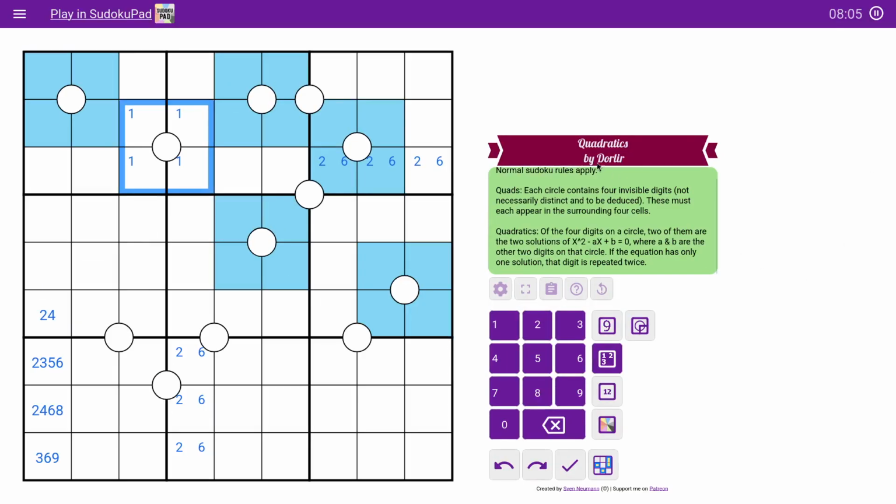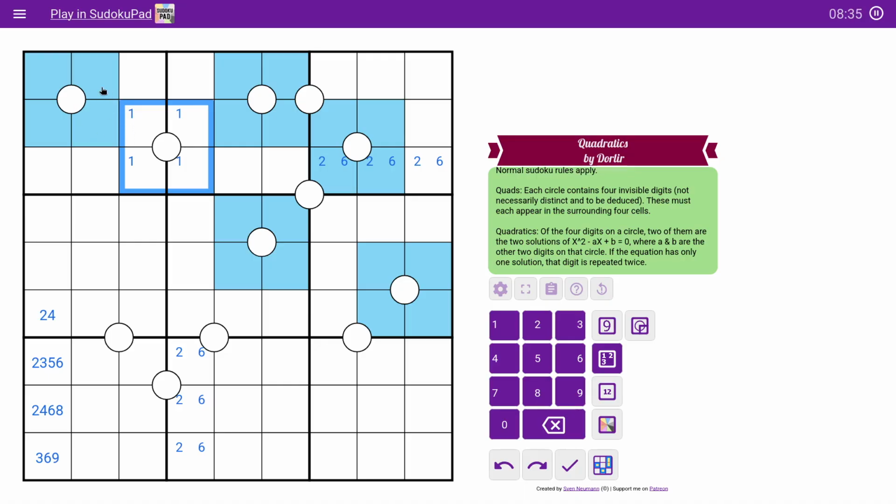This could be 1, 2, 2, 3. That's perfectly possible. Okay, the thing that the 1 is paired with is duplicated in this quad.